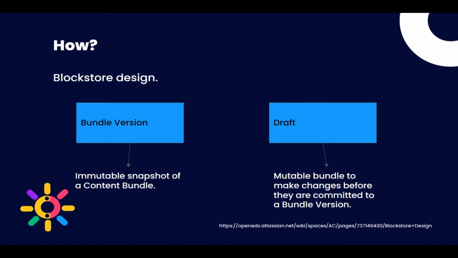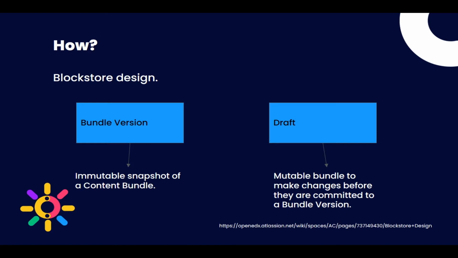So yeah, now I want to talk about this little project that I started as a proof of concept. I just want to be sure that it actually works. I started this plugin, the OpenEdX Library Translator plugin, and the concept is simple. When a new snapshot or a new content bundle is published, Blockstore sends a signal called snapshot created. We take the bundle ID.